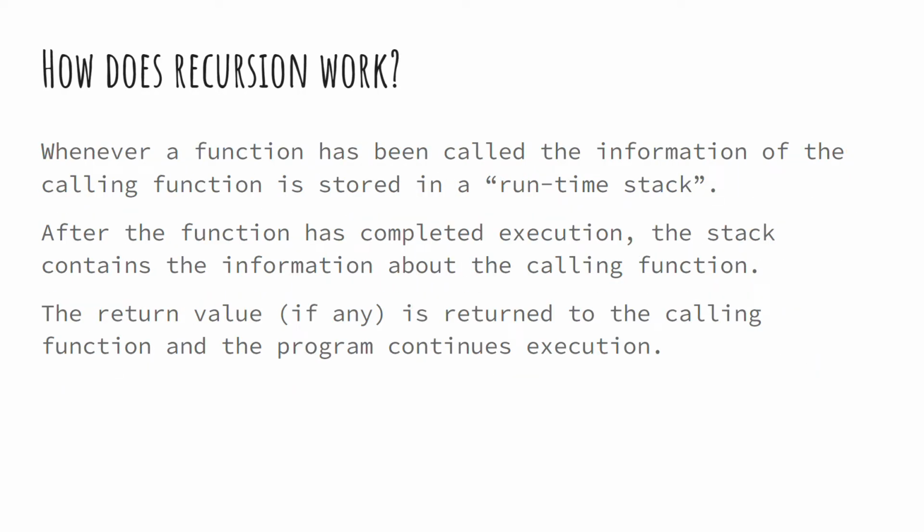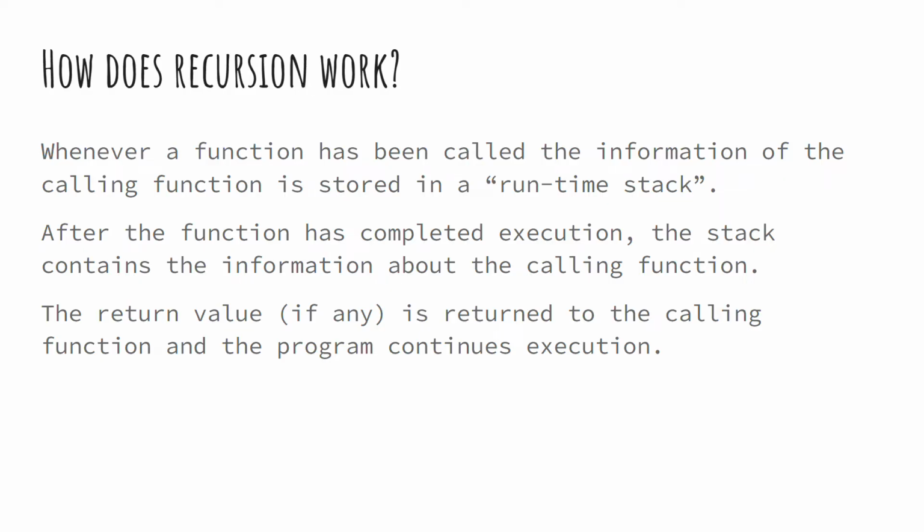Alright, so whenever a function has been called, the information of the calling function is stored in a runtime stack. The runtime stack is also sometimes called a recursion stack. It's a stack which contains information about the function which is calling some other function.